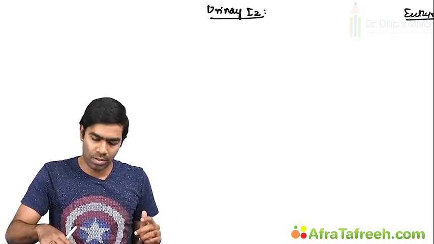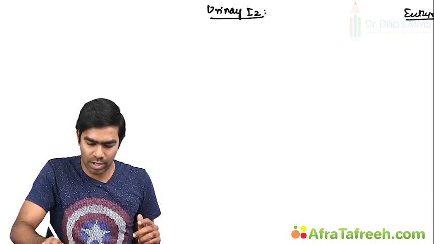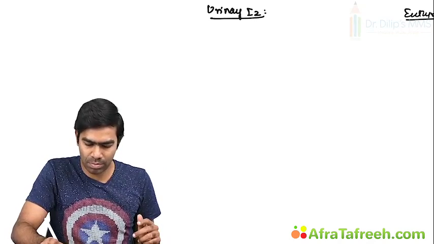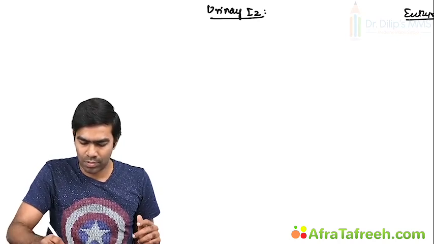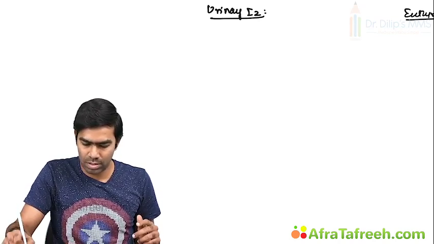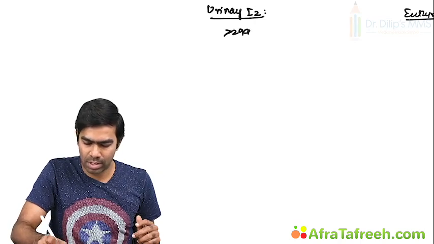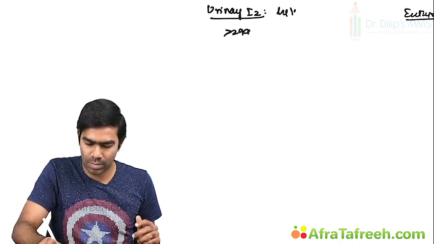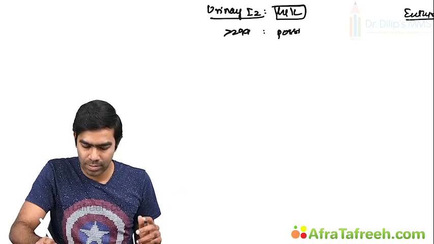To know whether they're taking sufficient iodine in the community or not, urinary iodine is measured in micrograms per liter. If it is more than 299, it's possible excess.